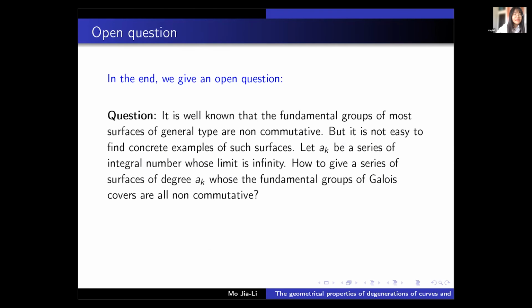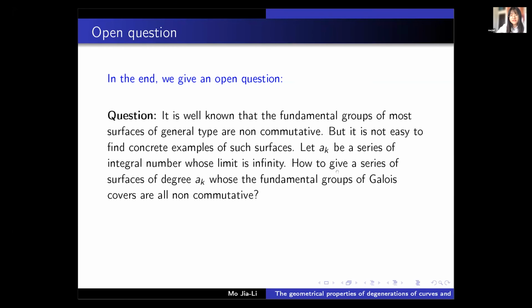Now, the last part is related to an open question. It is well known that the fundamental groups of most surfaces of general type are non-commutative, but it is not easy to find concrete examples of such surfaces. We let a_k be a series of integers whose limit is infinite.